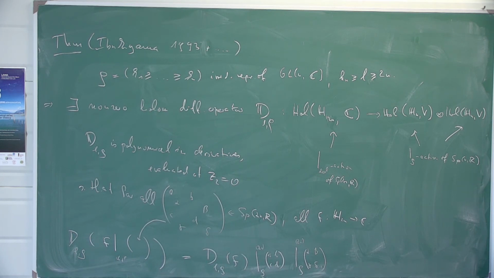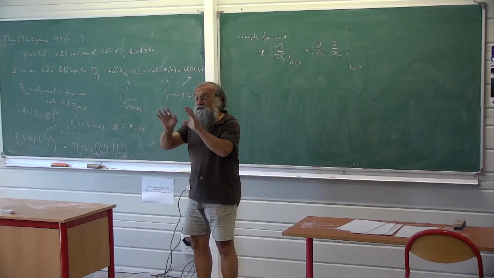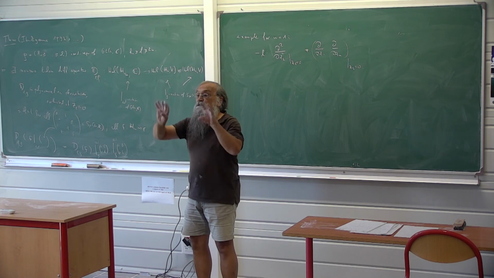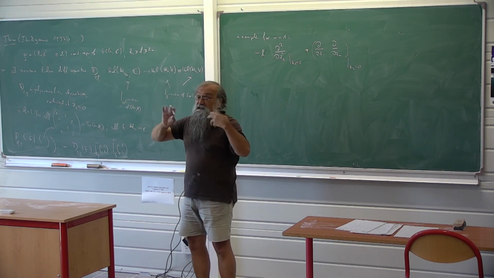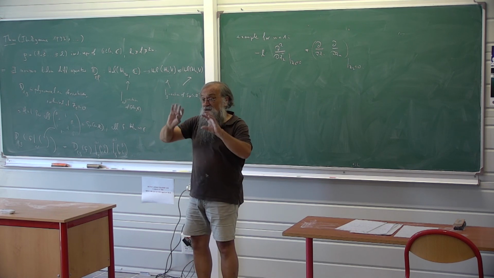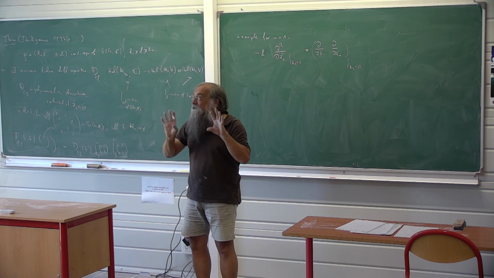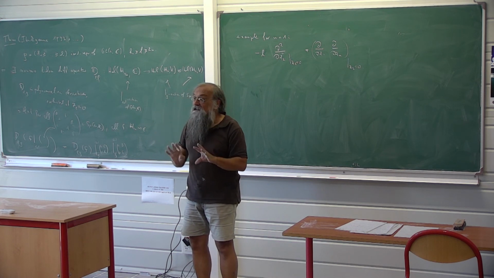Why do I do this? Next time I want to explain the doubling method, that is, you start from a Siegel-Eisenstein series of degree 2n and restrict it like this. But this restriction is not enough. You have to use these differential operators as well to get enough information, in particular to include the vector valued case.